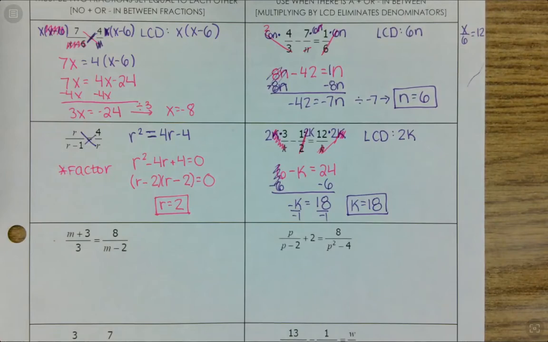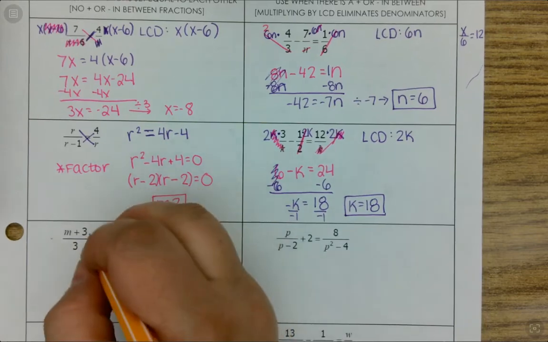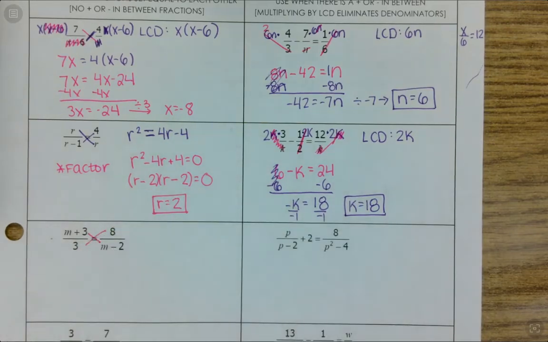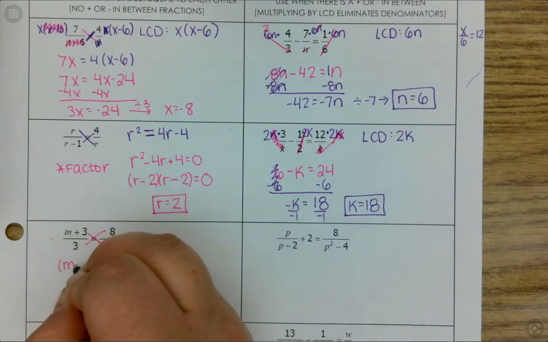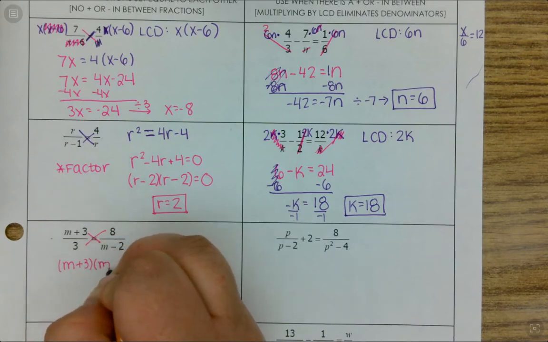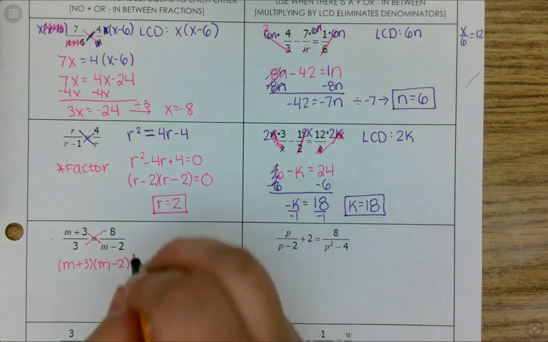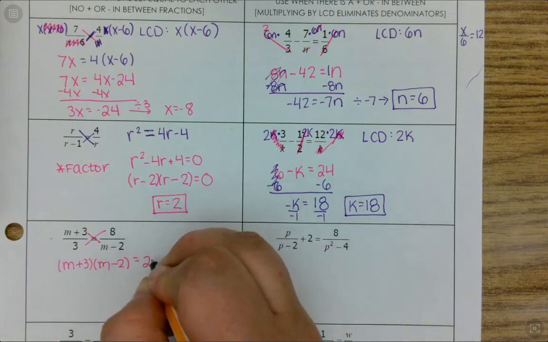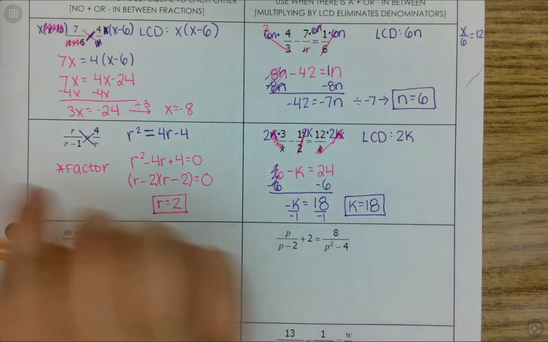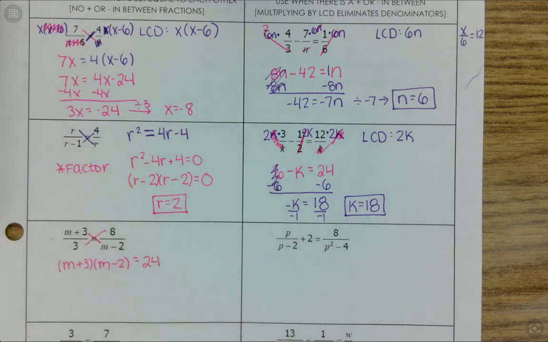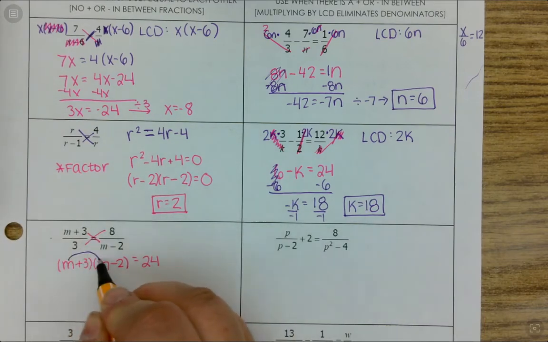Moving right along, we're still going to cross multiply over here. But the left side gets a little crazy because you have to actually multiply out m plus 3 times m minus 2. However, on the other side, 8 times 3 is 24. So here I'm going to have m squared.